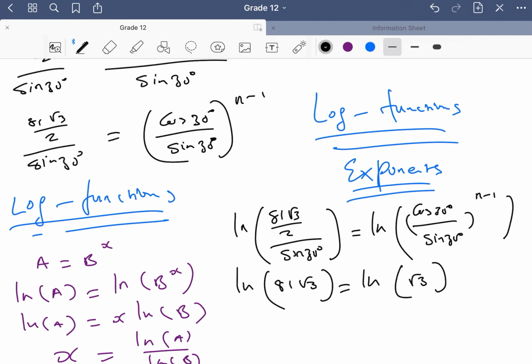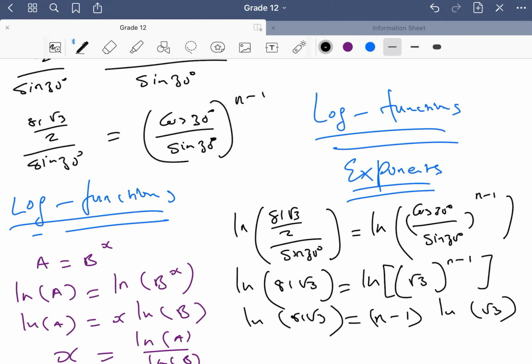That's actually much better. Okay, right, so from here then you can just bring the exponent down. This is the exponent, n minus 1 is an exponent that we're bringing down. Okay, 81 root 3, and then because we're solving for n, you can now divide by ln root 3 on both sides.